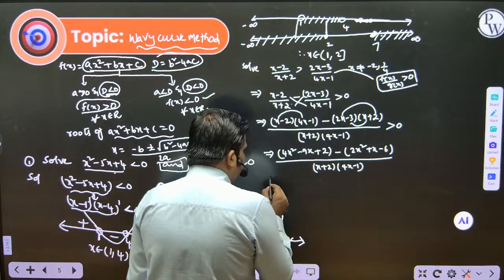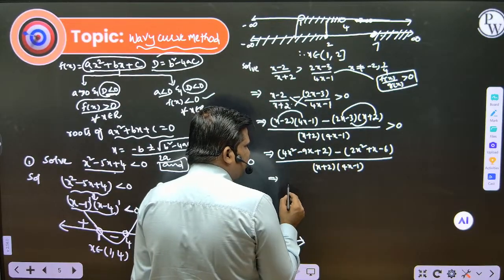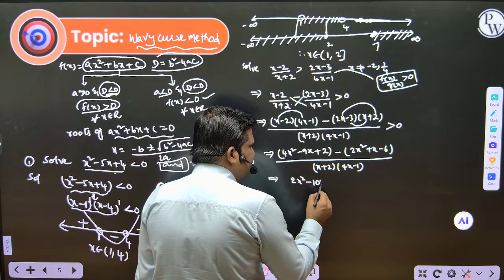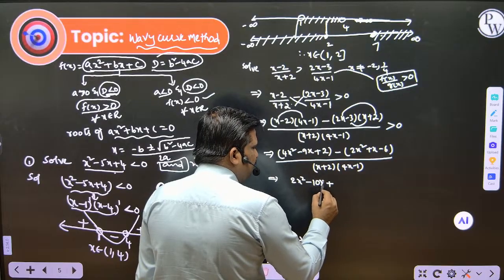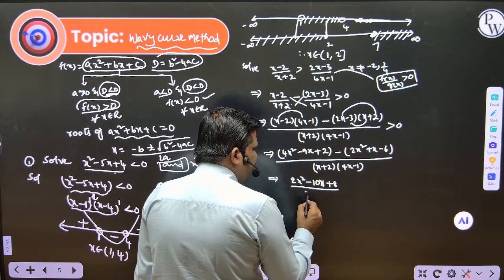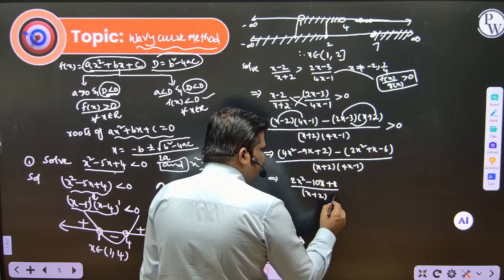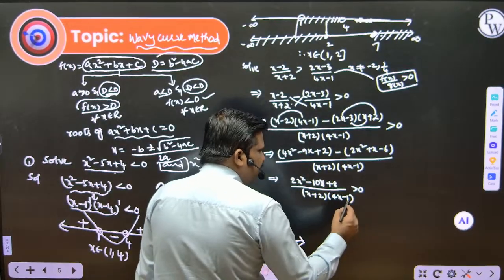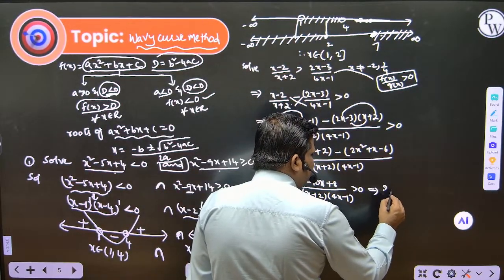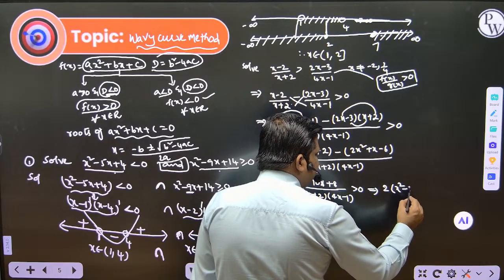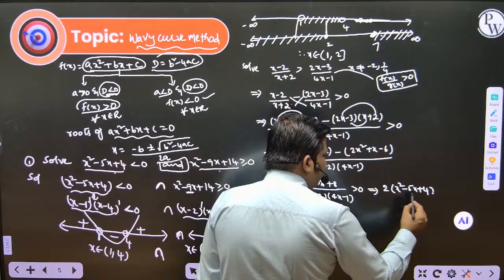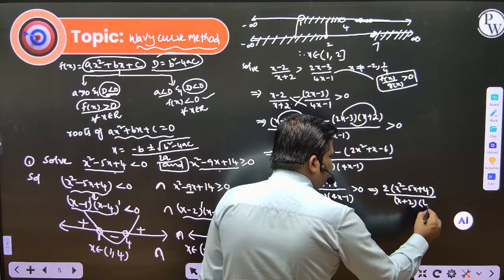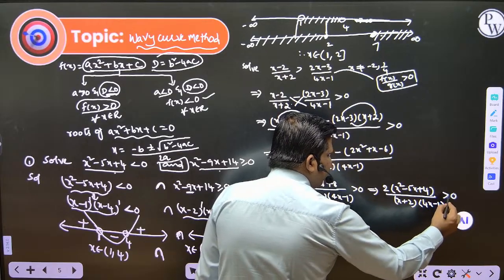That implies 4x square minus 2x square is 2x square, minus 10x plus 8, by (x plus 2) into (4x minus 1) greater than 0. That implies, taking 2 common, we are getting x square minus 5x plus 4 divided by (x plus 2) into (4x minus 1) greater than 0.